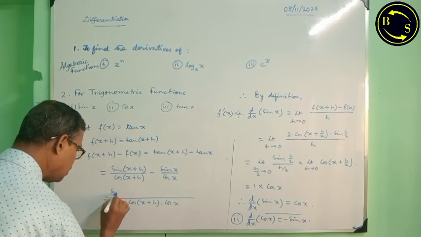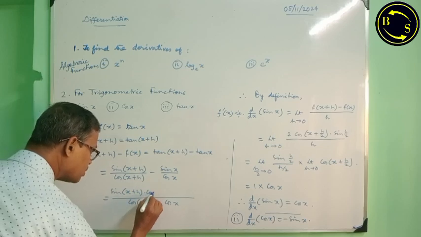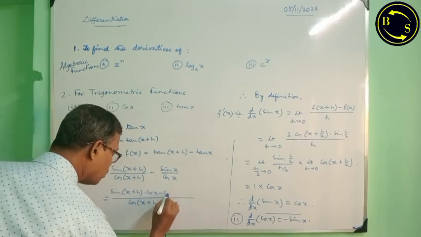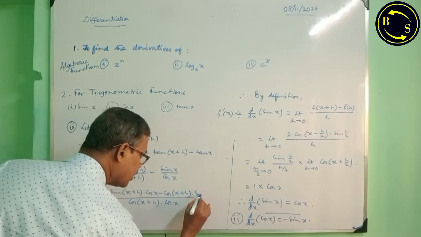It will be sin of x plus h into cos x minus cos of x plus h into sin x.